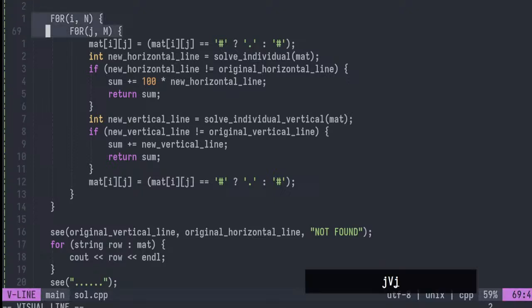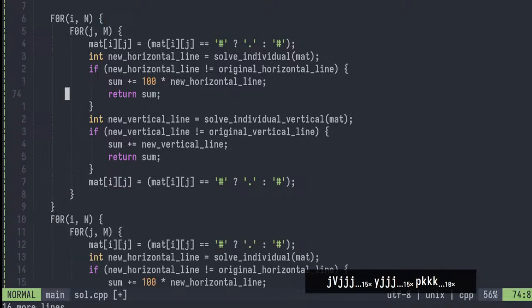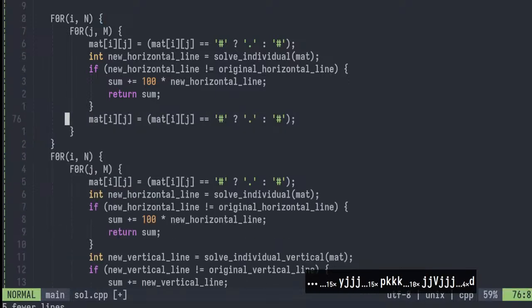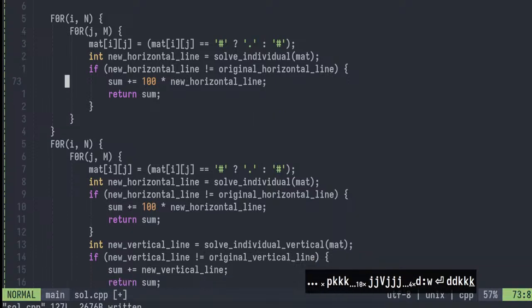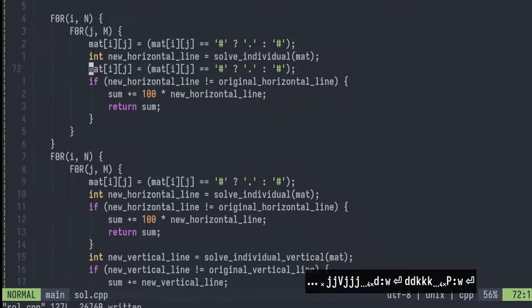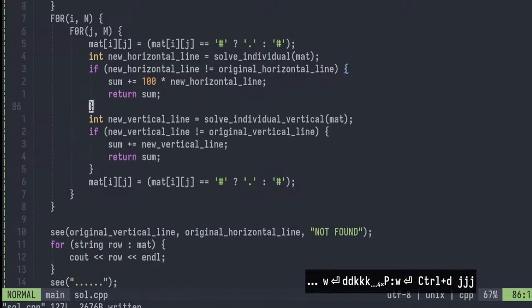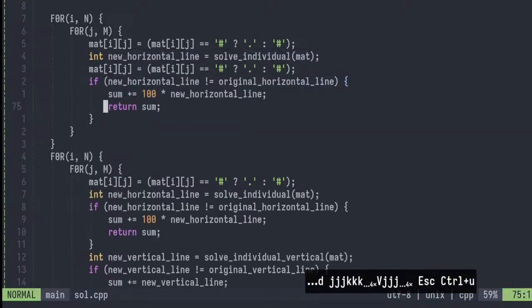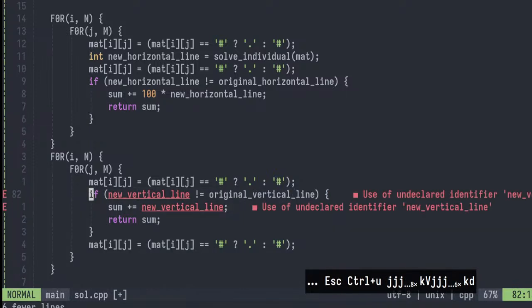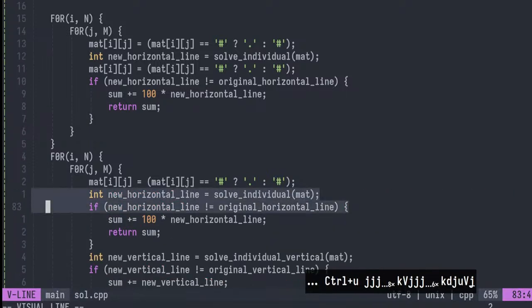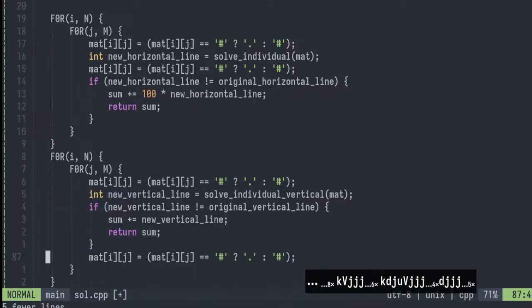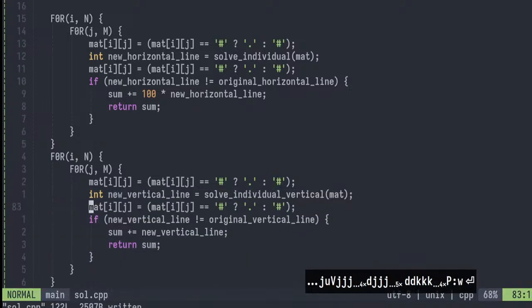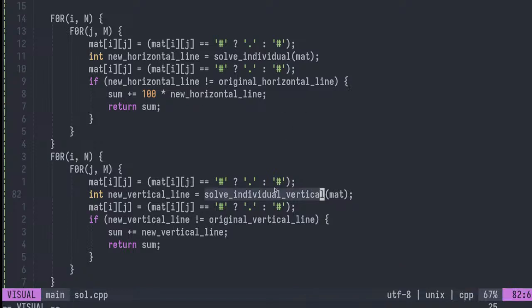Let's do one thing. Do this separately after the horizontal thing is done. So I want to do this here. Horizontal is, wait, no, looks fine. Vertical line, solid is vertical.